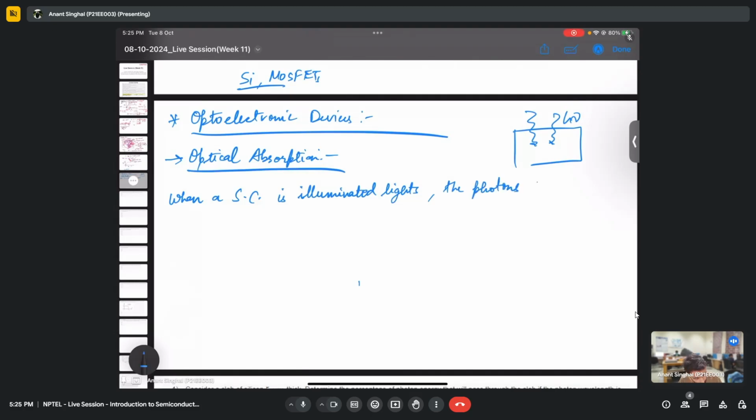The photons may or may not be absorbed, and this is based upon two things: one is the photon energy, which is h nu, and the second is the band gap of the material.